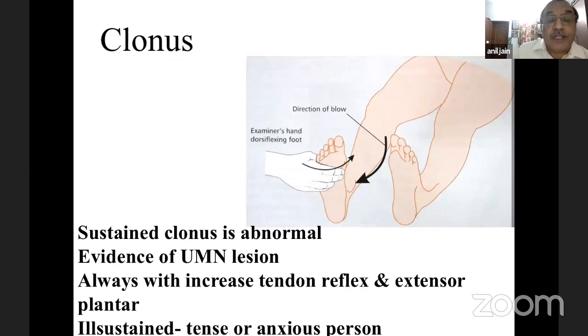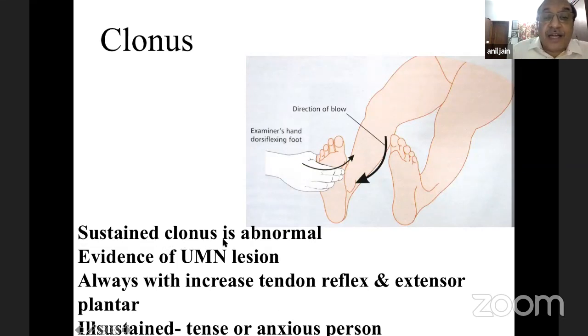So coming to clonus, what you have to do is make the tendon taut and give a sudden jerk on the taut tendon. The response is that one gets multiple contraction and relaxation at the joint. If there are fewer than 4 such contractions, then it is an unsustained clonus, which one may get in a tense or anxious person.